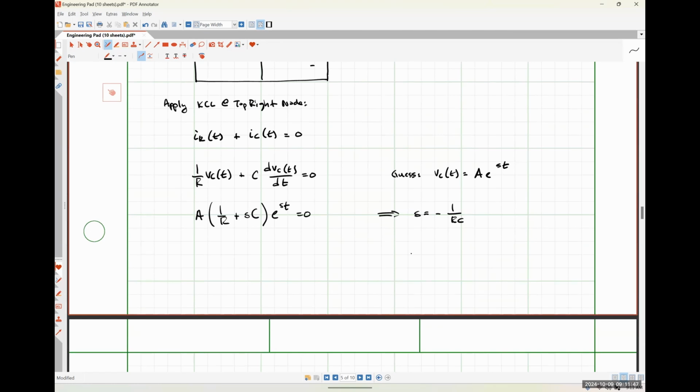So from there, we have VC of t is equal to A e to the negative t divided by RC. And because we have a capacitor, we know that VC at 0 plus must be equal to VC at 0 minus. So that would be A e to the negative 0 over RC, which is just A.